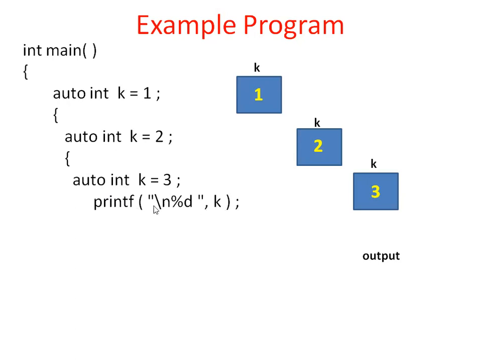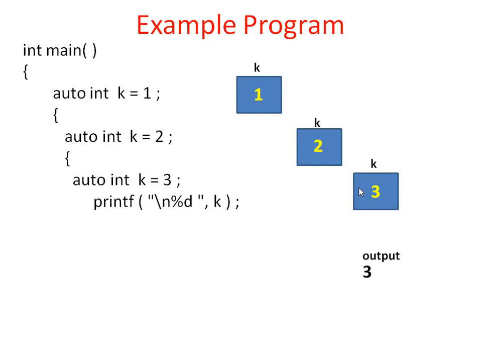So when you print percentage d comma K, what is the value printed in the output? It prints 3, since printf is inside this block here. This is called local to this block. This local variable will take the precedence, and this value will be printed. That means this memory location is accessed now.